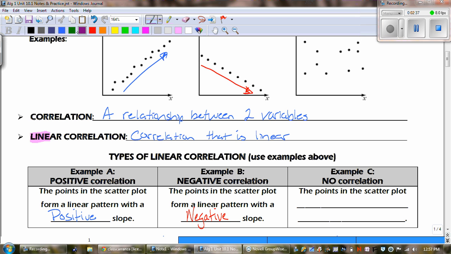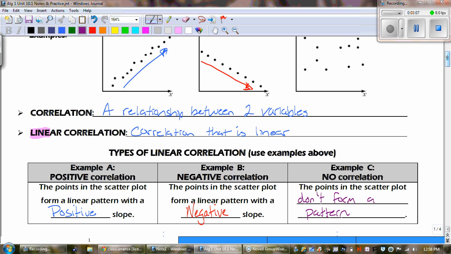When we have no correlation, it means that the points in the scatter plot do not form a pattern. So guys, I know the hard thing about a new lesson is all of the vocabulary, so please make sure you're copying all of this stuff down, and if you have questions, come talk to us.